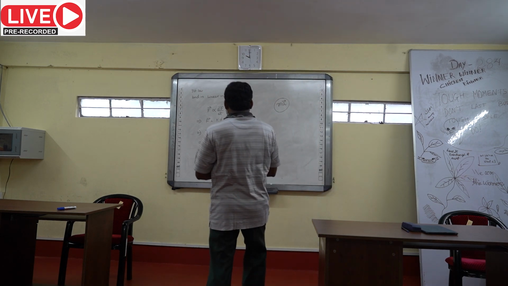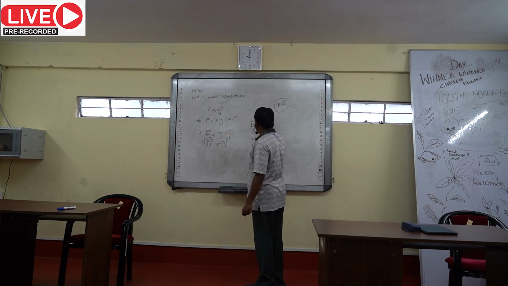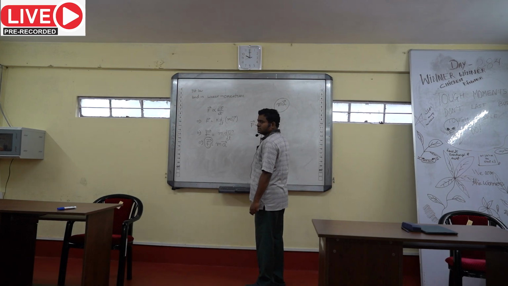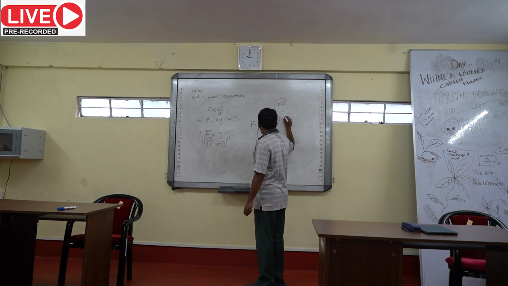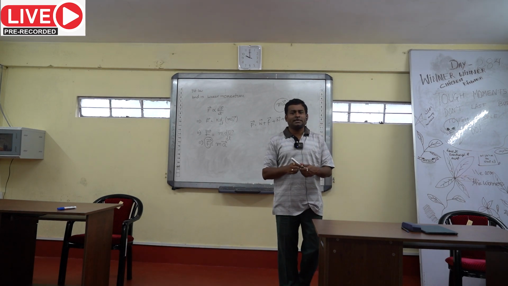But if I am saying that F is W plus friction plus normal reaction, all these things, plus tension. Suppose in a problem all these forces are there, I add them using the vector symbol.